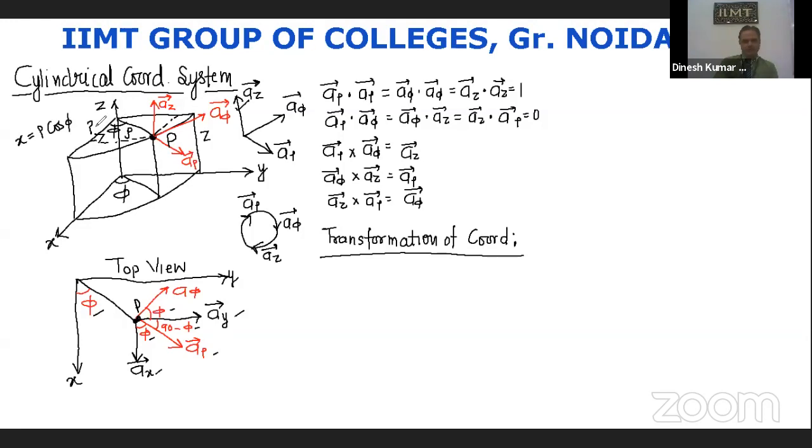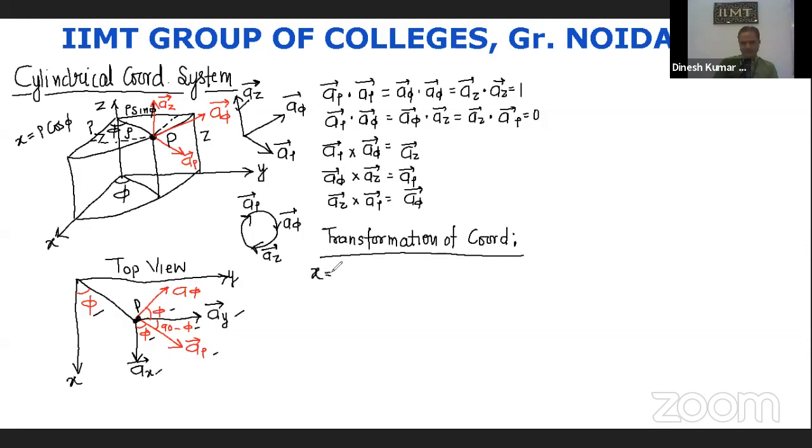This arm is rho cos phi, and the arm opposite to the internal angle phi, which is parallel to y, will be rho sin phi. So x is rho cos phi and y is rho sin phi, and z is the same in both the coordinate systems.